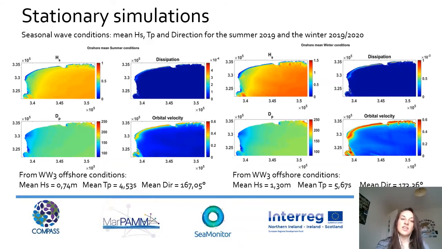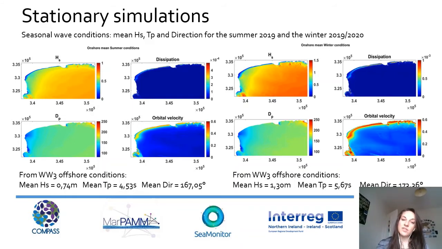For the stationary simulations, you basically use some average data. So for example, here I'm showing you some average, stationary simulations for the summer 2019 and the winter 2019-2020.